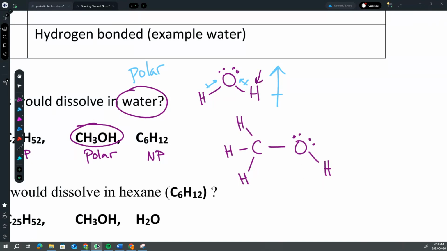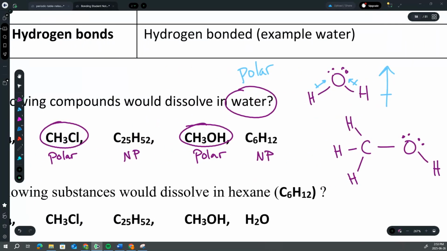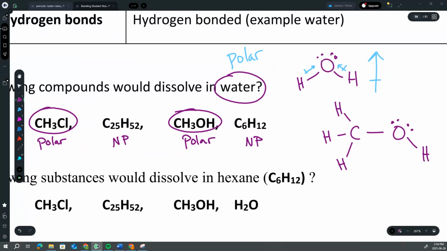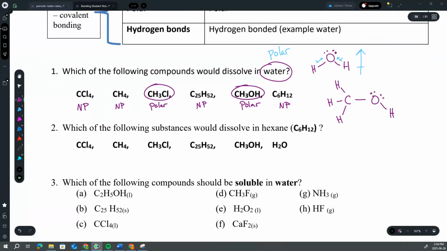And since hydrogen is also directly bonded to oxygen in water, both of these compounds can do hydrogen bonding. Therefore, hydrogen bonding can happen between these two compounds here. So what I'm trying to say is both of these will dissolve in water. However, methanol will dissolve even better in water out of the two of them, and the reason is because it can do hydrogen bonding.